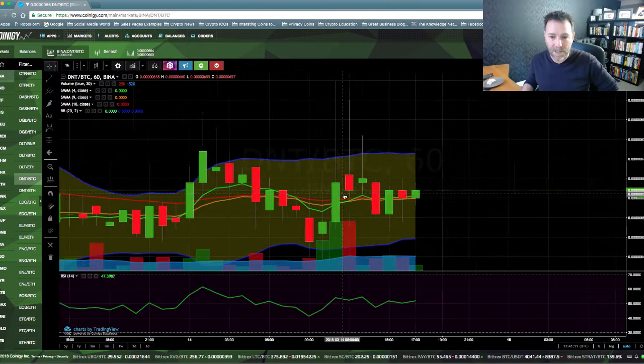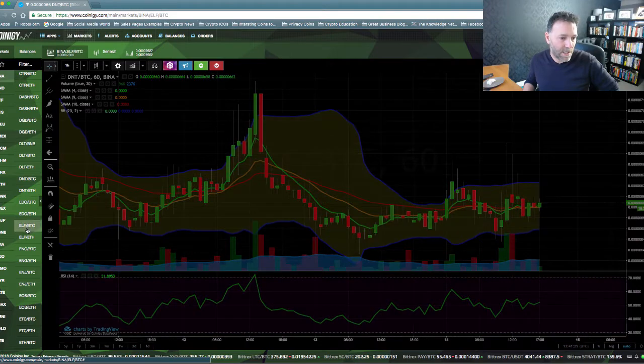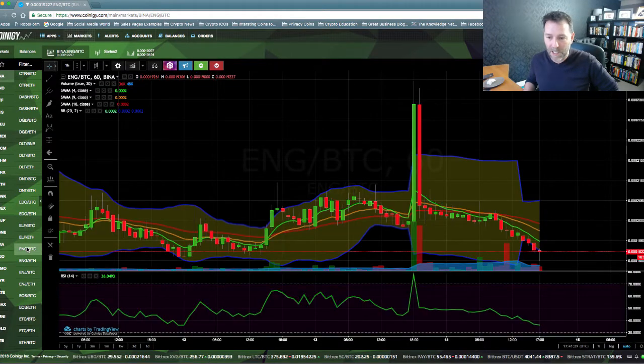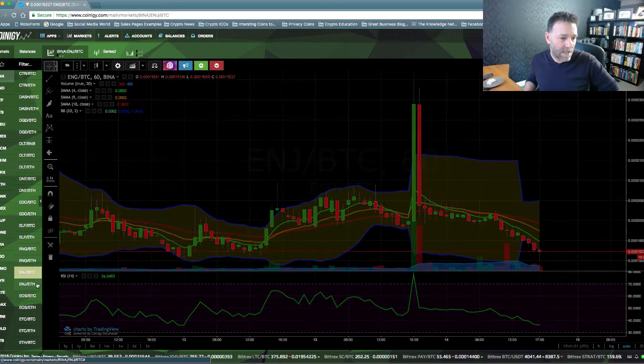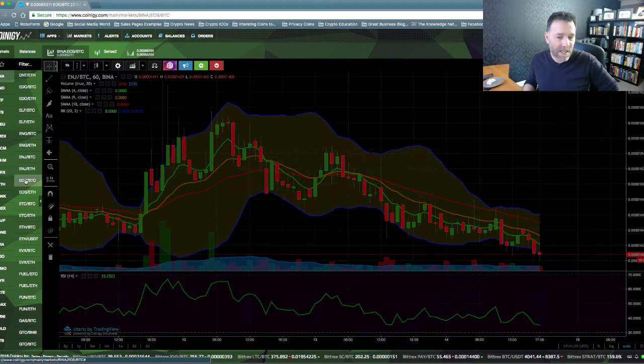That has actually just crossed. But because of these big spikes up, I don't know, the volume is not there either. RSI is middling. So I'd probably bypass that, to be honest. Not a perfect opportunity. ELF, nope. ENG, definitely not. ENJ, no. So I don't know if we're going to get one here on this video.